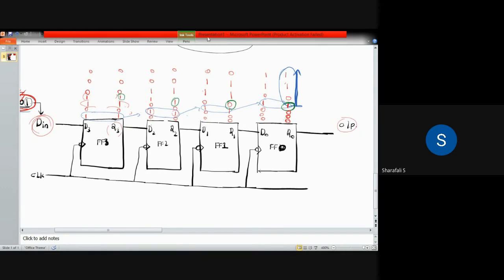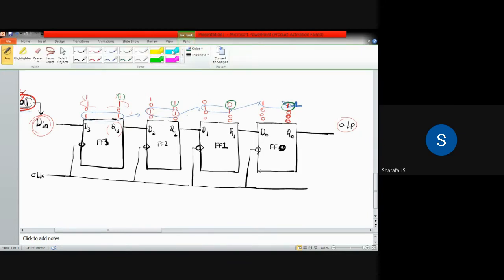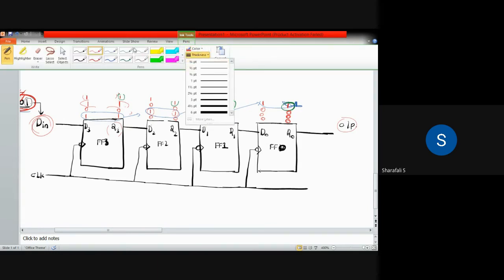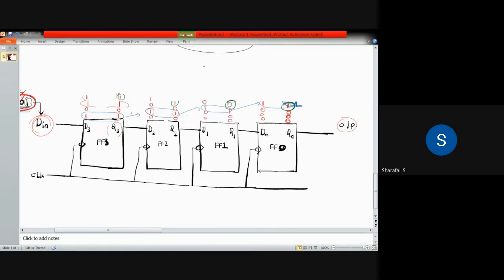So if you are considering only up to this case, you are having values in Q0, Q1, Q2, Q3, exactly as you have provided at the input. You can see from here, this is 1, this 1, 0, and again 1. This is just stored, okay, but you cannot get that data.